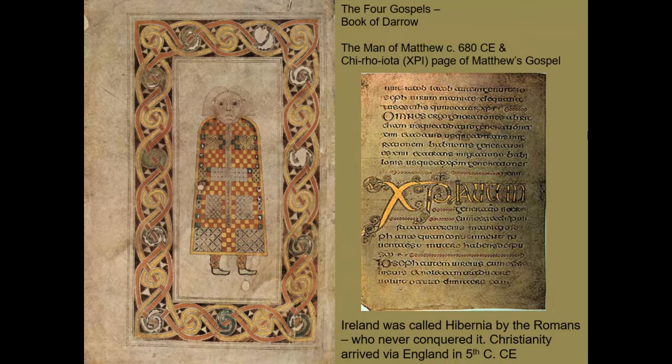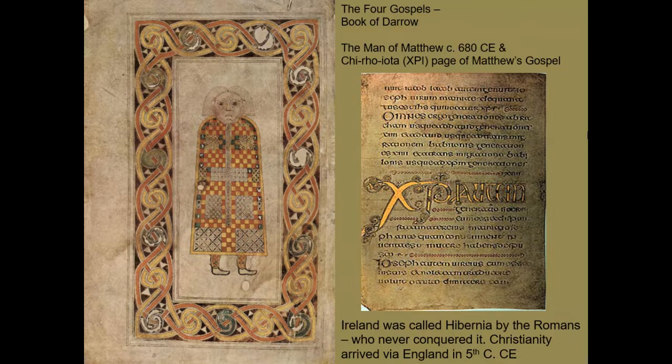You can see here that the style of illustration in the Illuminated Manuscripts is, of course, very much part of the Christian tradition, but specifically the Irish influence. Ireland was called Hibernia by the Romans, so we're seeing a fusion of Irish style and the styles of the invading Angles and Saxons being mixed together here in what becomes insular or island style.